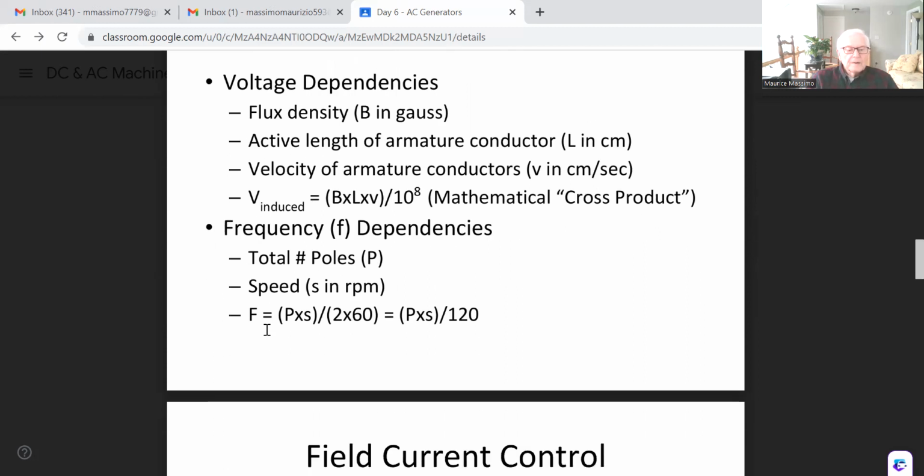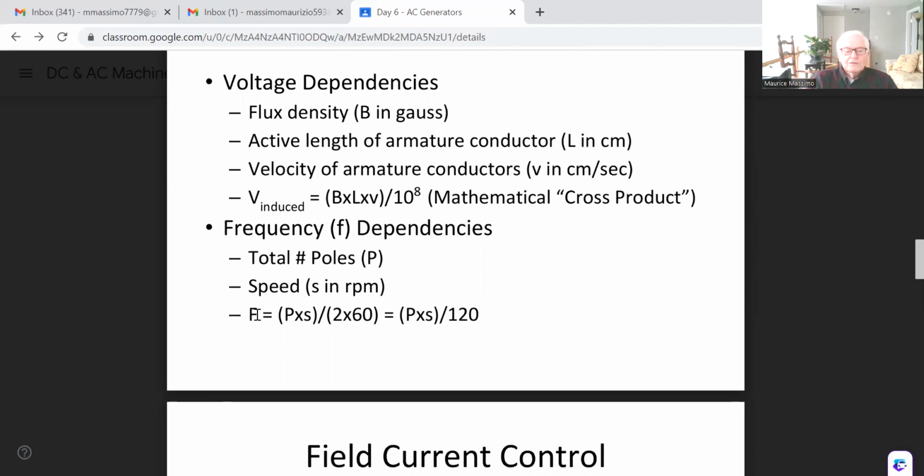Right. So frequency is dependent on the poles and the speed. The speed is in RPMs and the poles are just a straight number.